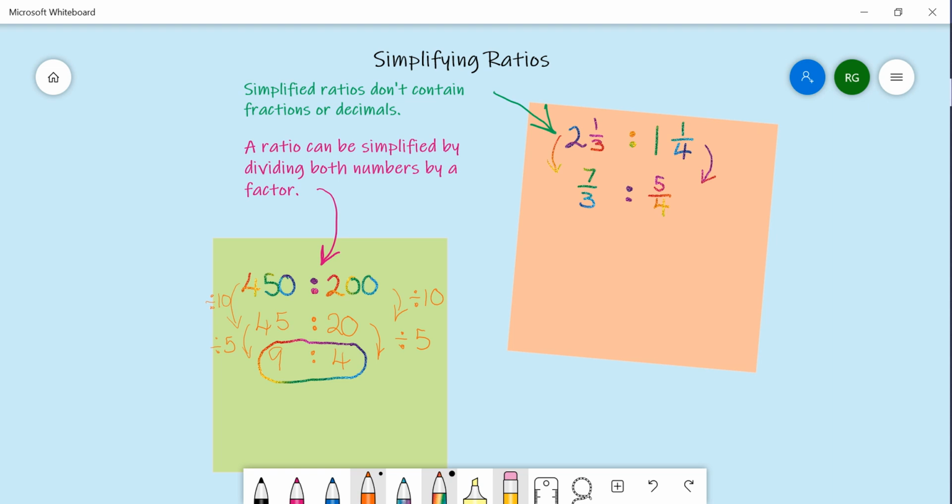What we now need to do, because these are not easy to compare, we need to get the denominator or the bottom line to be equal numbers. And you'll see why in a second. Let's redo that. So, on the right hand side, a common multiple of the number 3 and the number 4 is going to be 12.